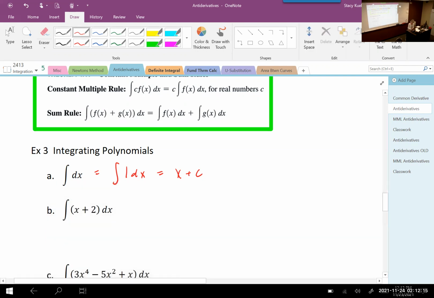Let's look at this next one, the integral of x plus 2 dx. I happen to have this surrounded by parentheses, but if I didn't, as soon as I got to this dx, I would know that I'm taking the integral of anything to the left of the dx. In this case, if we apply that sum rule above, I'm going to say the integral of x dx plus the integral of 2 dx.